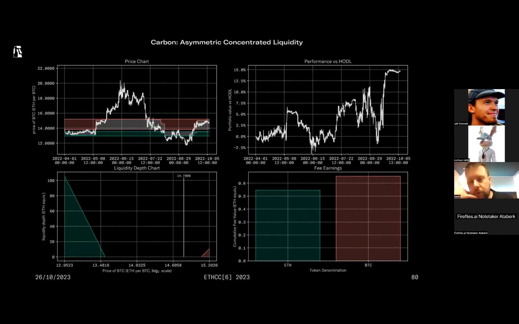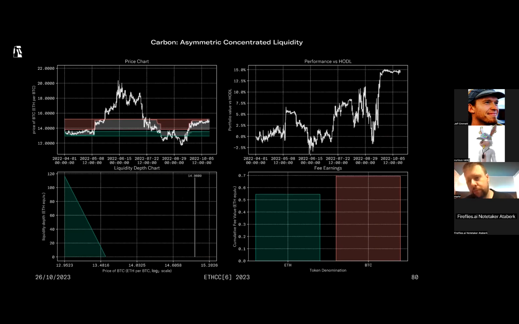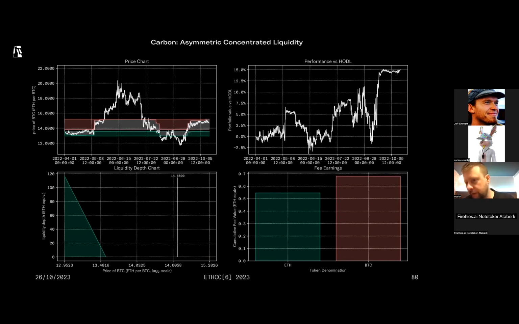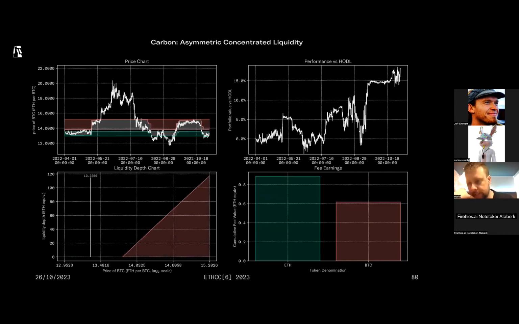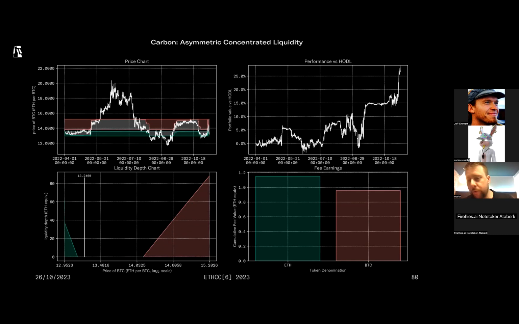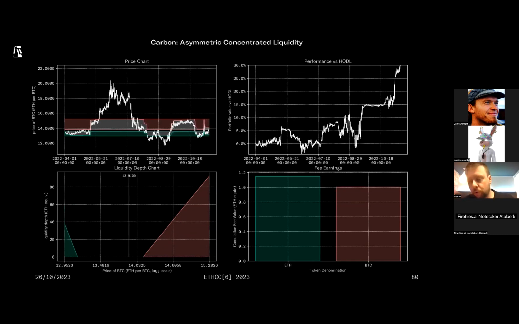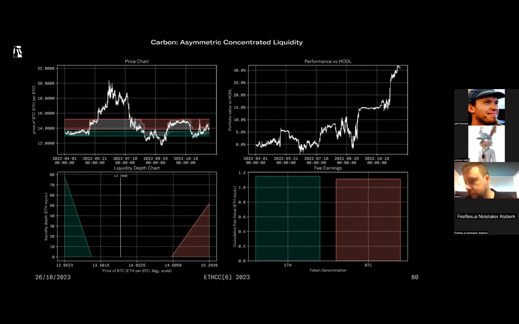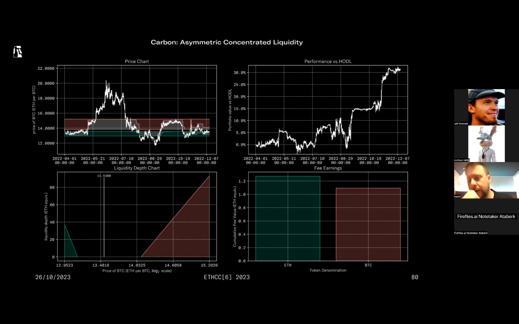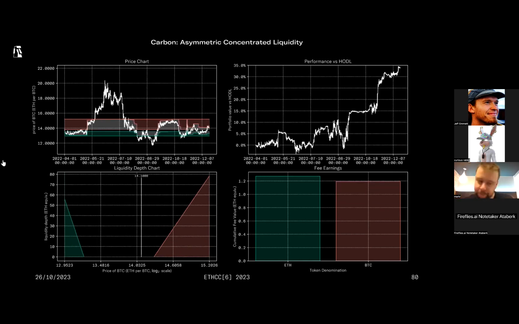For example, if you've got an ETH USDC curve, you kind of use the balance of USDC to quote the price of ETH, or use the balance of ETH to quote the price of USDC, and so on. With Carbon, you don't do that. You use the balance of ETH to quote the price of ETH, and you use the balance of USDC to quote the price of USDC only. They don't even know about each other's balances, which is pretty interesting.